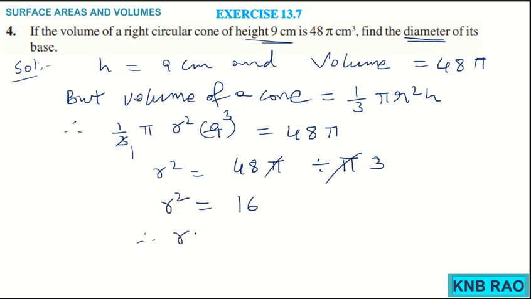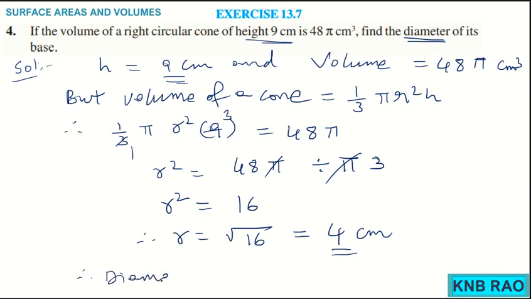It implies r equals root under 16, which is 4, where r is 4 centimeter, because 48 pi centimeter cube is the volume and 9 centimeter is the height. So definitely we have the radius being 4 centimeter, and thus the diameter is 8 centimeter, because diameter is twice the radius.